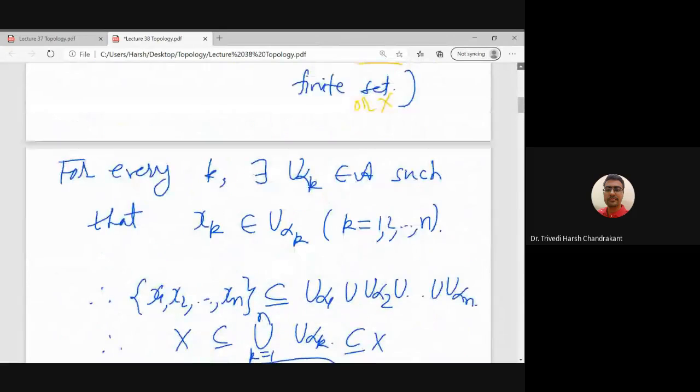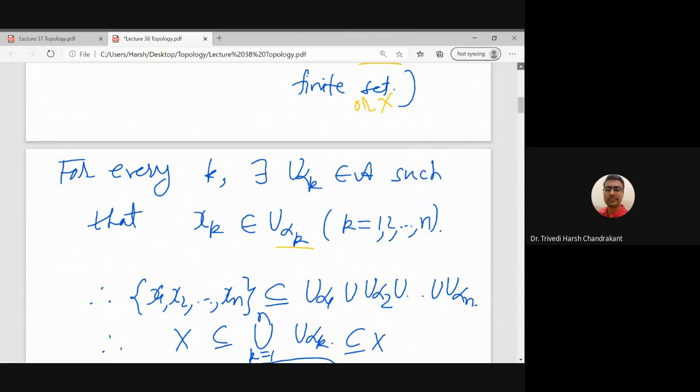So for example, for X1 I'm finding one U alpha which contains X1, that U alpha I will call U alpha 1. For X2 I will find U alpha, that corresponding U alpha I will call U alpha 2. Similarly for Xk I will get U alpha k, which has the point Xk inside it, right? Because X is a subset of the union of U alpha, every element of X should be in at least one U alpha.